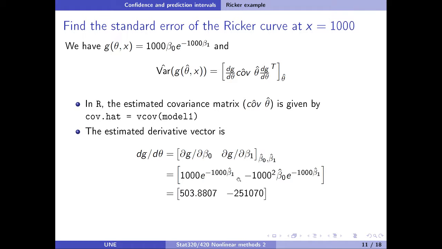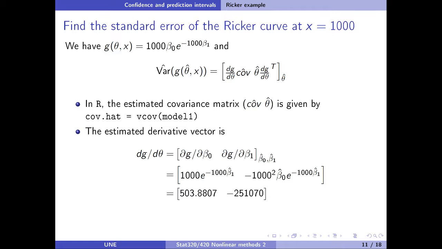The reason we've got hats in here is that we're evaluating this vector at theta hat, our best guesses of beta naught and beta 1. If we plug in the model output we had before, we get about 504 and about negative 250,000.